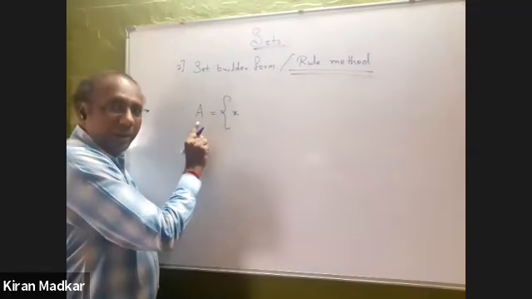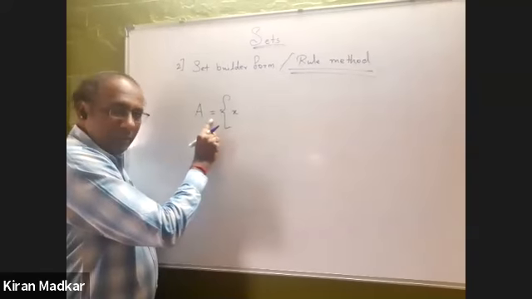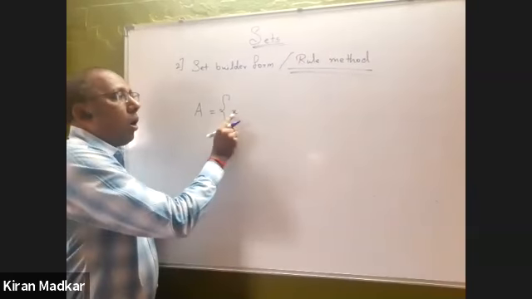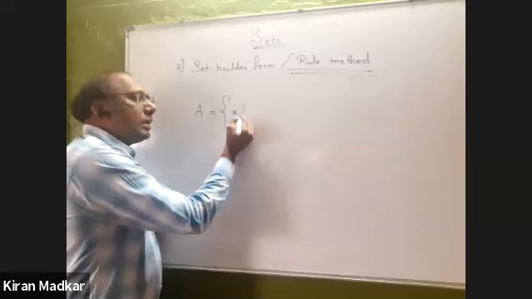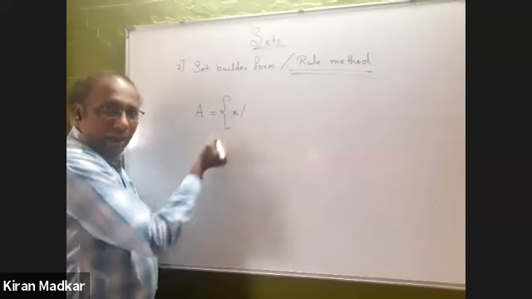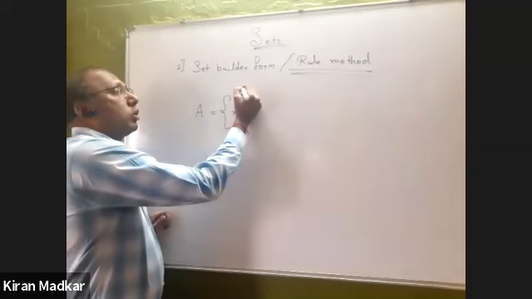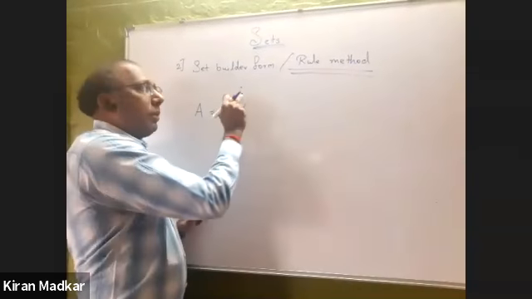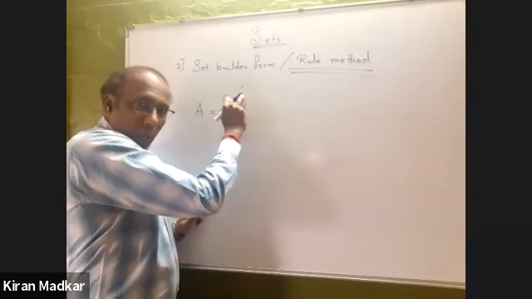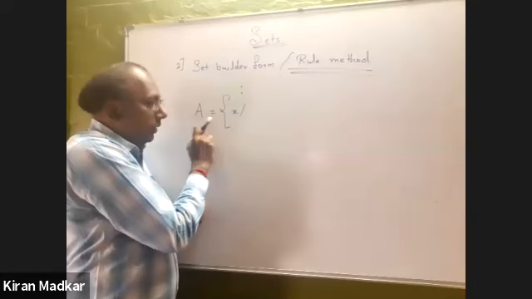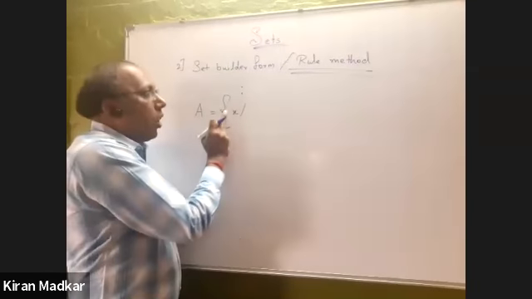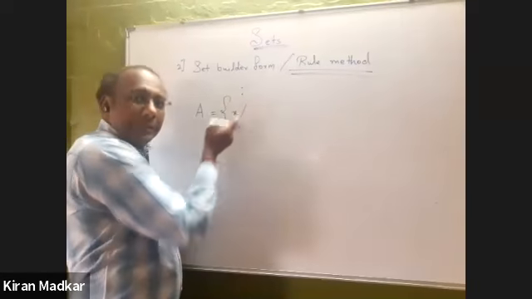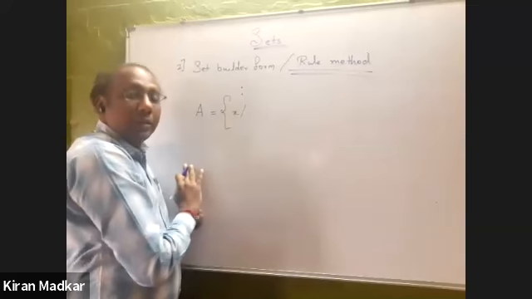So again I'll repeat, A is a set of all x such that, this slanting dash, some teachers also write colon, ना, 2 dot ऊपर नीचे, इसके बदले में ये वो भी such that ही है. Okay, so again A is a set of all x such that, either this or this, such that.